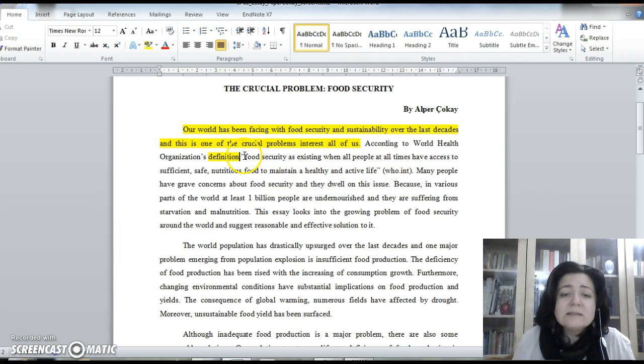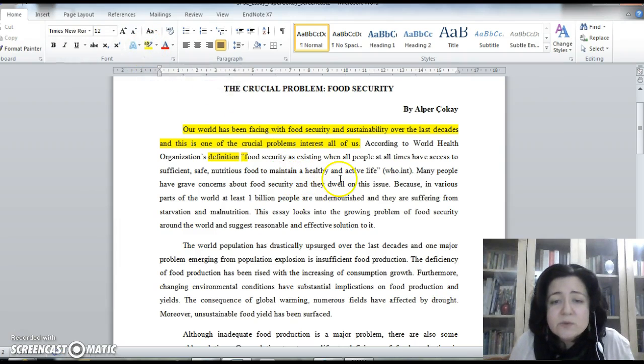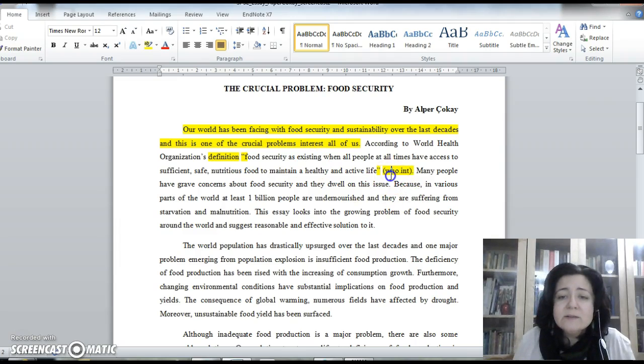Now, since this is a direct quotation and we'll be using direct quotations in writing SPSE essays, we need to use quotation marks and we need to give the citation for the source of this quotation. Where did you take this quotation from? Apparently, this student has taken this quotation from the website, so this is how he wrote it.